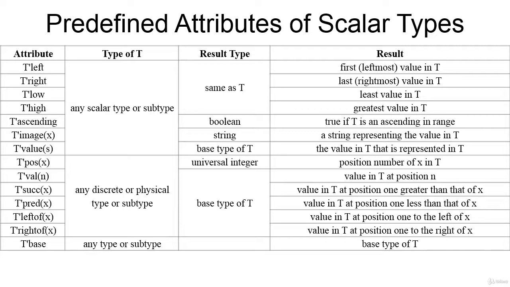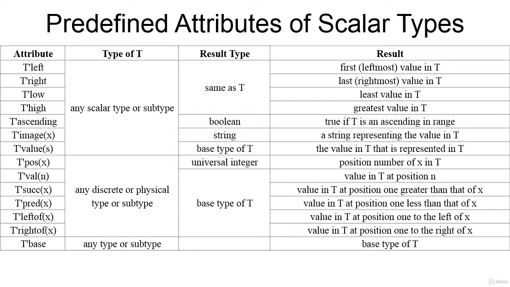Predefined attributes of scalar types. Attributes are defined in the library STD package standard. They return information about a type T by appending a tick and the name of the attribute itself, i.e. T'attribute. The table here shows the attributes and their usage.